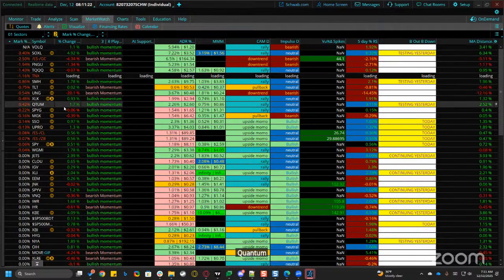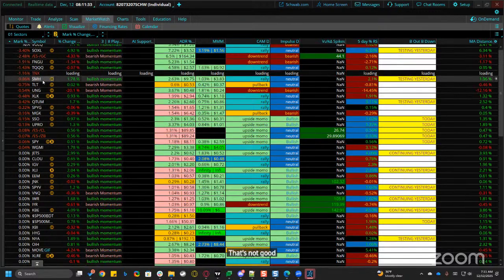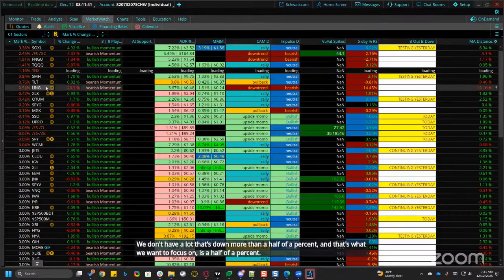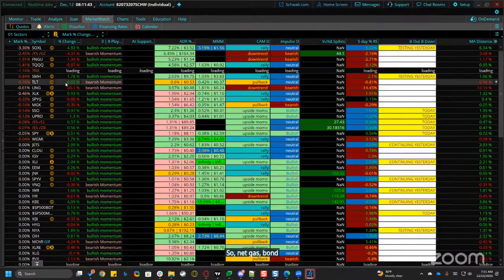Quantum is also down. It's kind of a risk gauge. The Mag 7 up volume is down. It's not good. But really, we don't have a lot that's down more than 0.5%. And that's what we want to focus on, is 0.5%. So nat gas, bonds, chips.